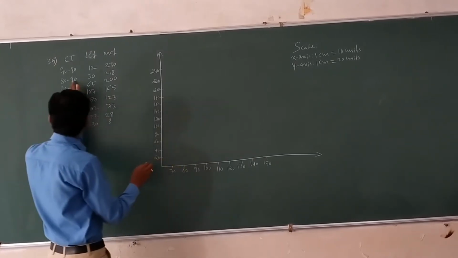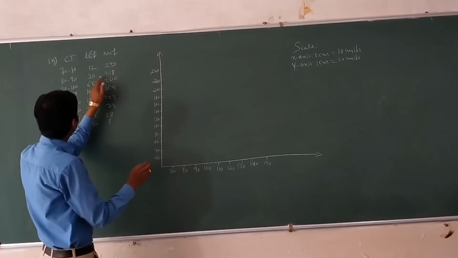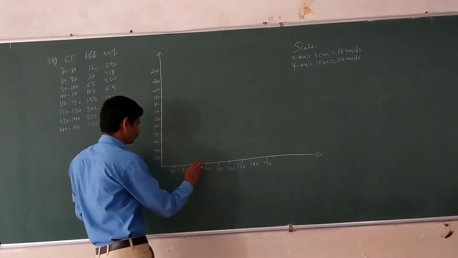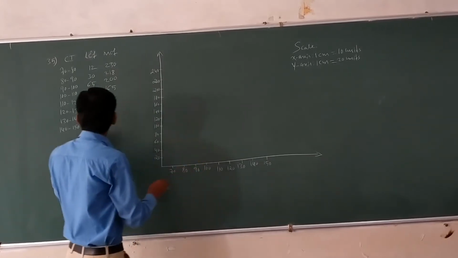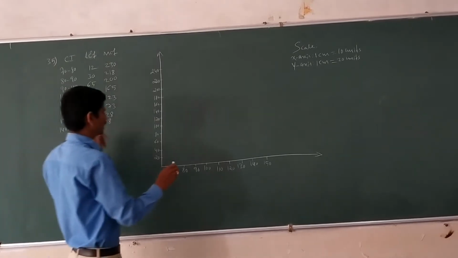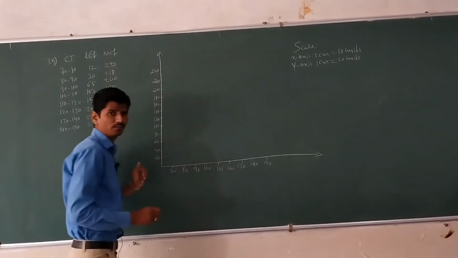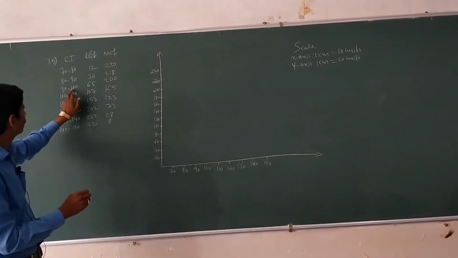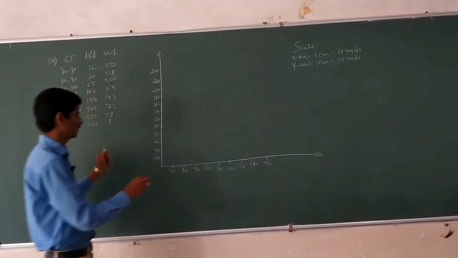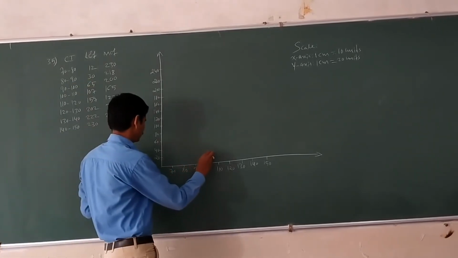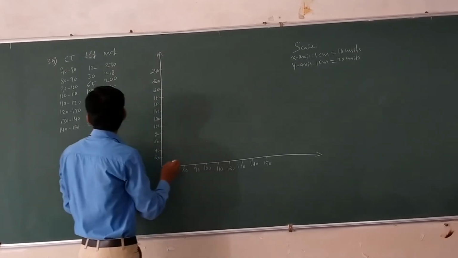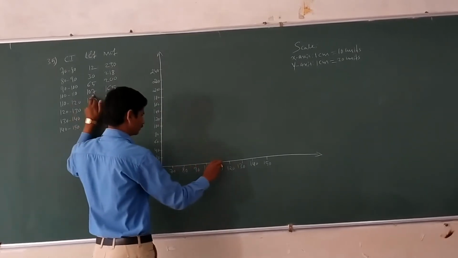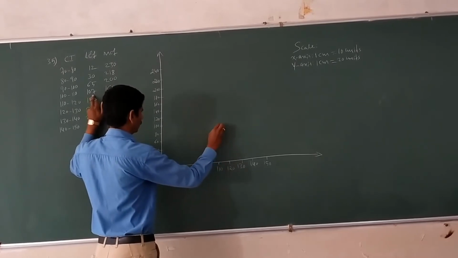The next, 90 is 30. Next, 100 is 65. Okay, you have to plot in the graph paper. 110 is 107.